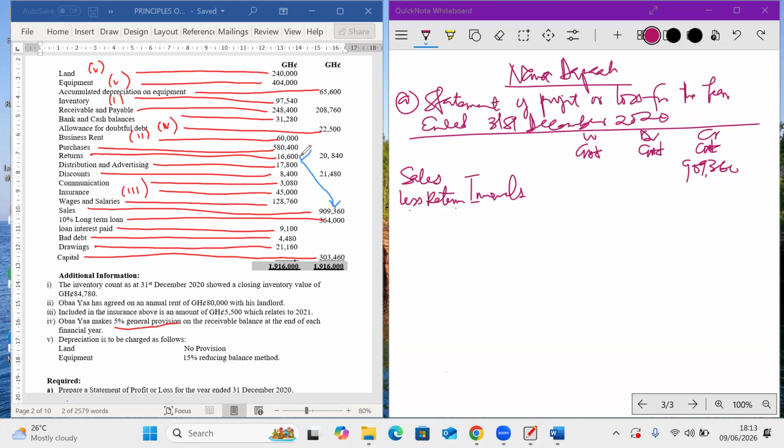Because the return inwards is the one moving, it will subtract from the sales on the credit side. Do we get it? Okay.